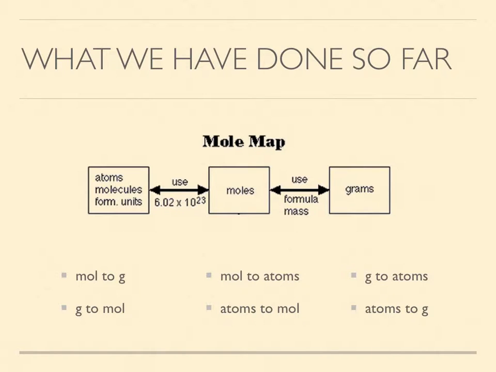Let's take a moment to think about what we have done so far. Well, so far we've done mole conversions that have involved things like atoms, molecules, formula units, etc., moles, and grams.